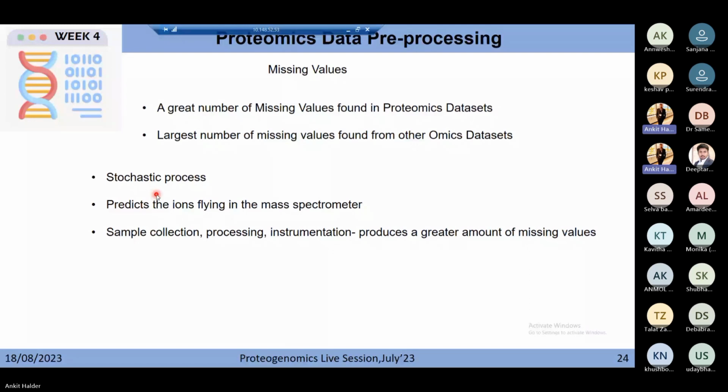Also you have to understand that the process is not very straightforward; you have the process of digestion. In one batch, the temperature during digestion may differ from another batch of samples, which did not give you the peptides, and you have a lot of missed cleavages in your sample while the digestion was going on.